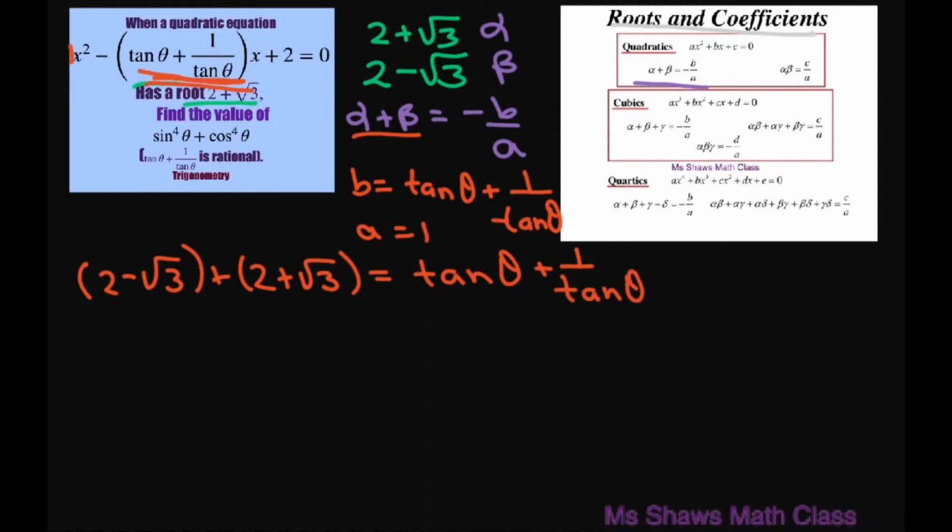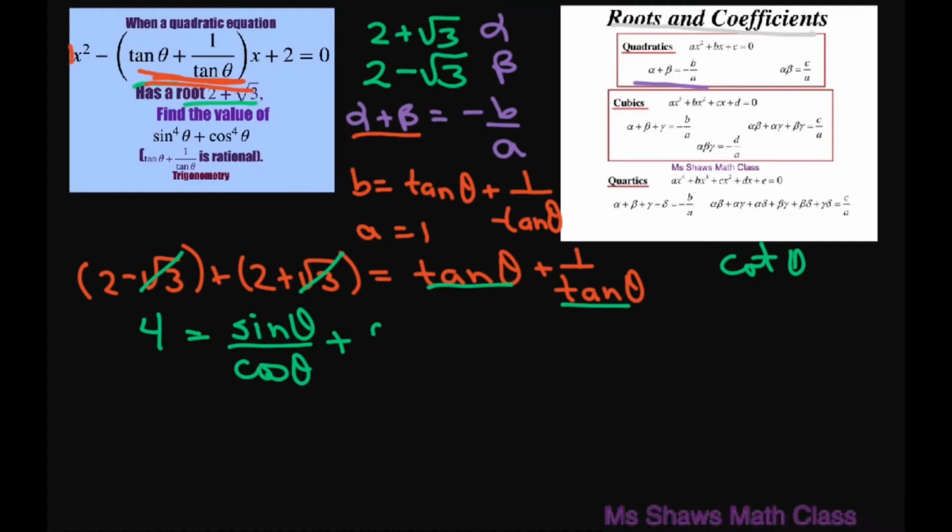All right, so when you add these up, the square root of 3's go away. So we're going to get 4 equals, and I'm going to split this up a little bit. This is going to be sine of theta divided by cosine of theta plus, now this one is really just like cotan of theta, right? You just flip this over. So this is just going to be cosine of theta divided by sine of theta.